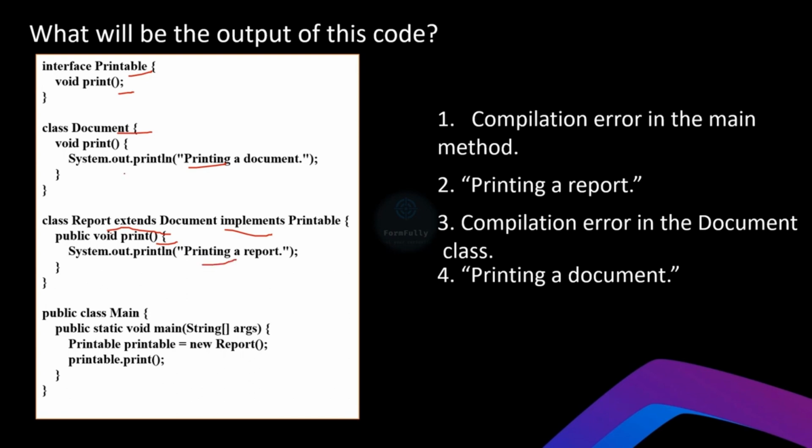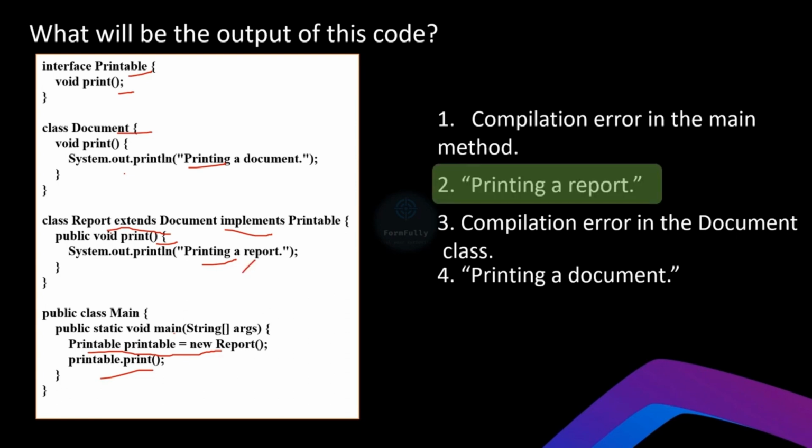Then in the main class we have the main method. Inside the main method, we create an instance of the Report class and store it in a variable named printable. Finally, we call the print method on the printable object, which will invoke the print method from the Report class. So that's why it will print printing a report.